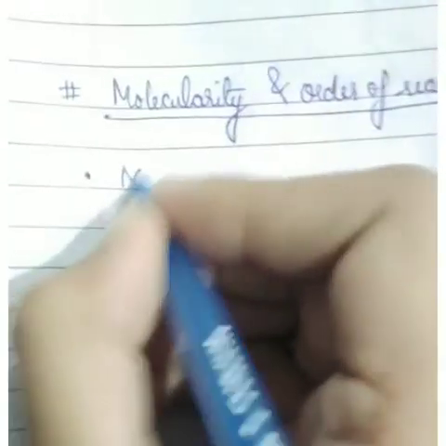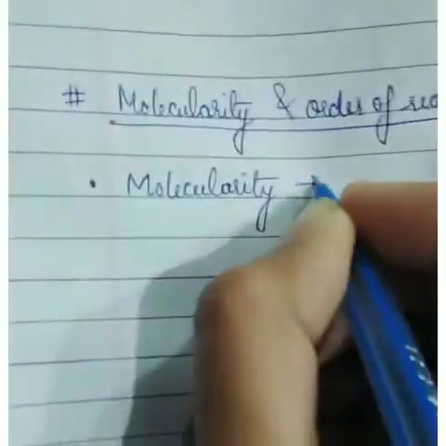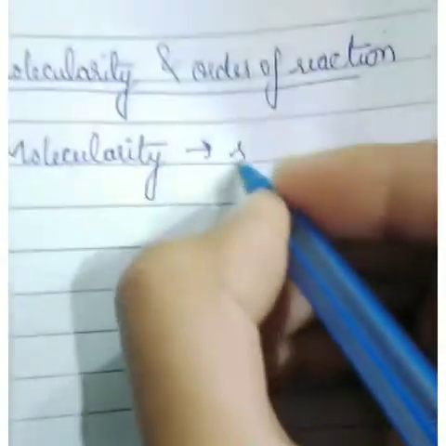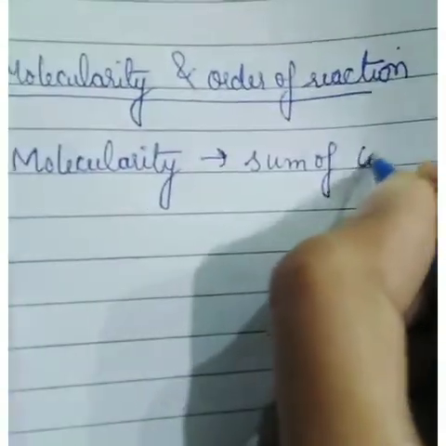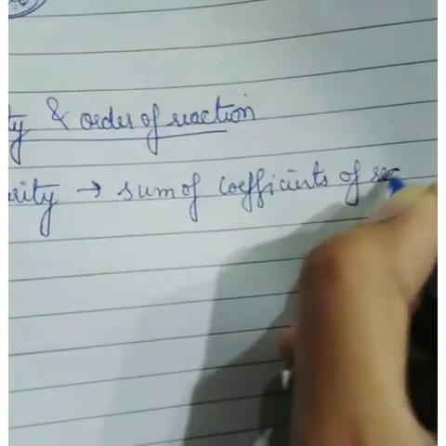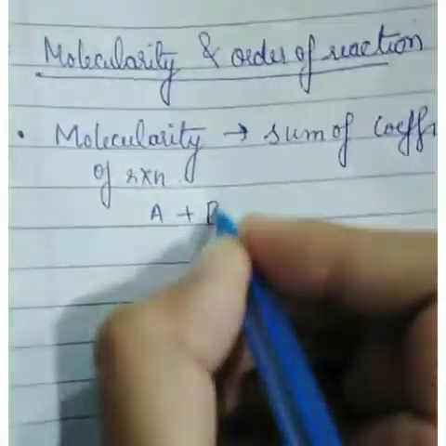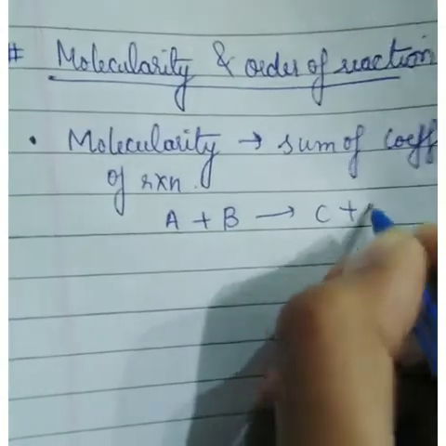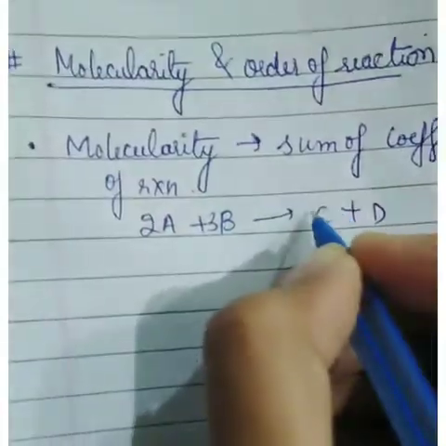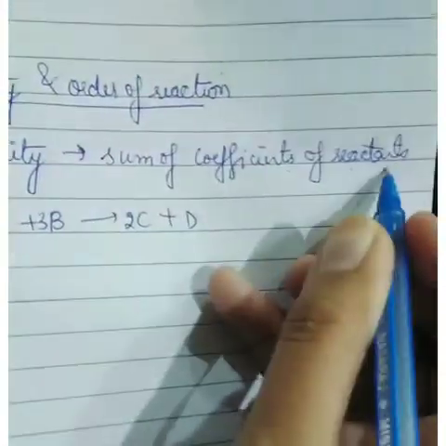Molecularity is simply equal to the sum of the coefficients of the reactants of the reaction. Suppose this is a reaction A plus B gives C plus D, and these are the coefficients 2 and 3. So molecularity means the sum of the coefficients of the reactants of the reaction.